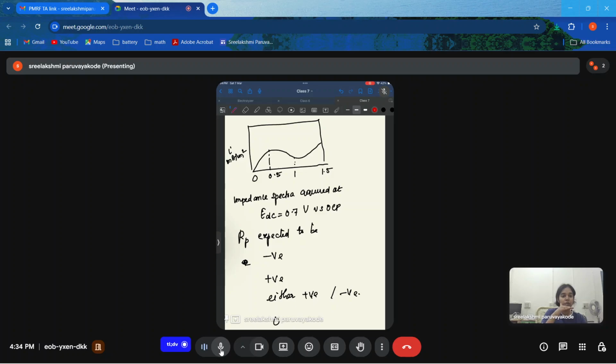The contaminant gets adsorbed and thereby hinders the reaction. So after some time the current actually reduces. At 0.7 volt, the impedance becomes negative because we are considering the differential impedance. 0.7 comes somewhere over here, where the current is reducing with the potential. So the option here is negative. That's how we have answered the fifth question.